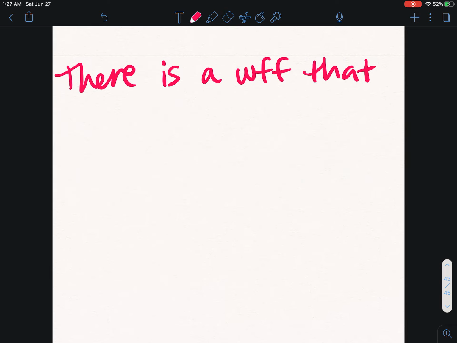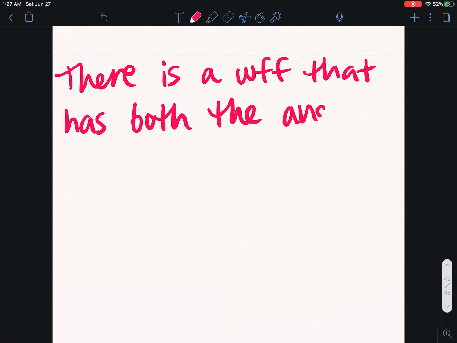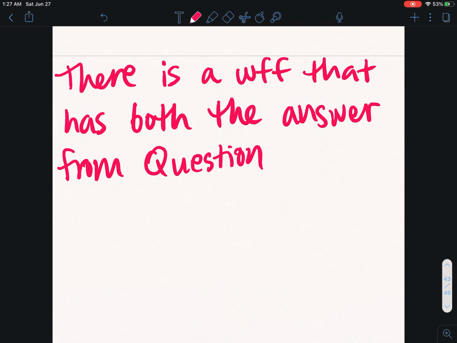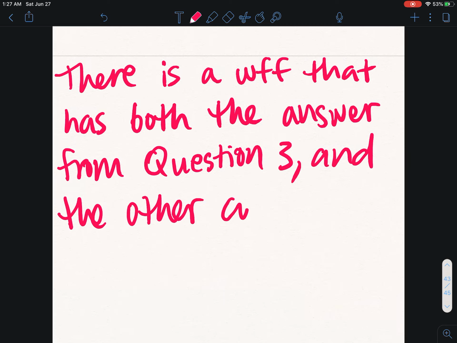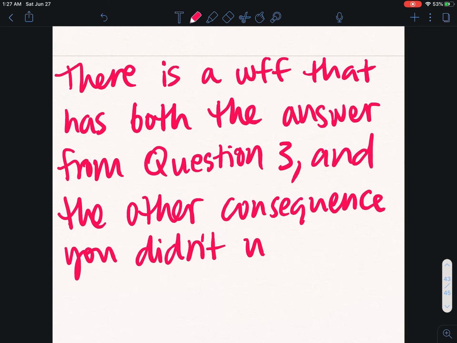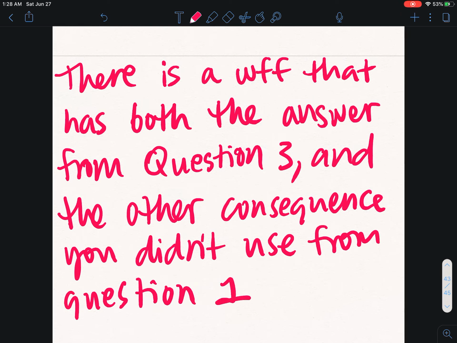Dang, this is hard to write in sentences. There is a wolf that has both the answer from question 3 and the other consequence you didn't use from question 1.